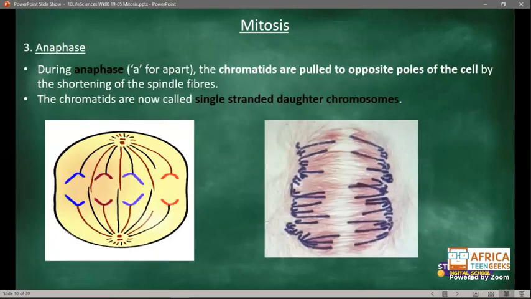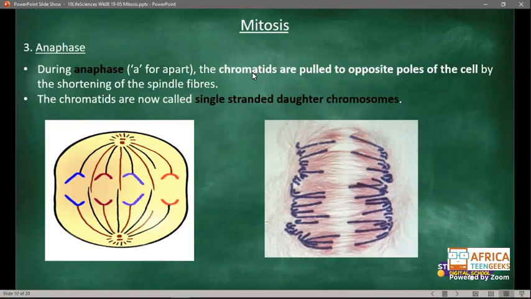And then we have the third phase of mitosis, which is anaphase. During anaphase, the chromatids are pulled to opposite poles of the cell by shortening the spindle fibers.